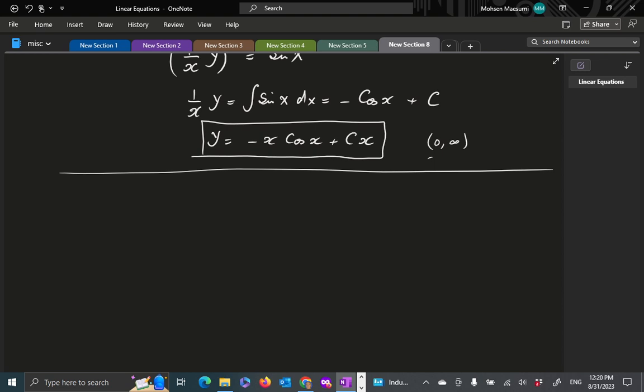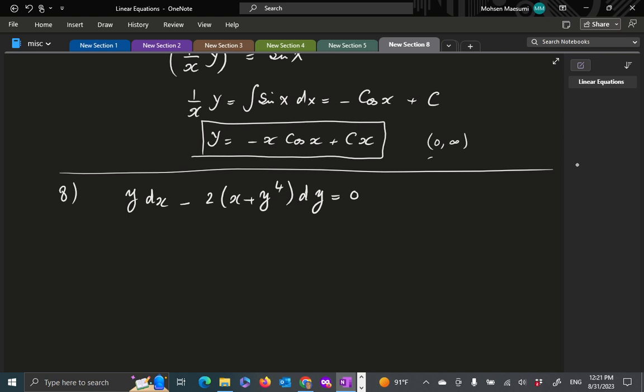And number 7, maybe I leave that to you. It's more or less the same thing. So I'm going to go to 8. y dx minus 2x plus y to the power of 4 dy equal to 0.